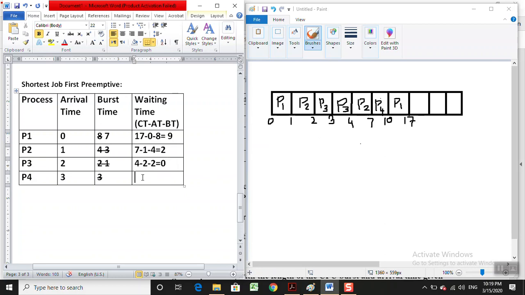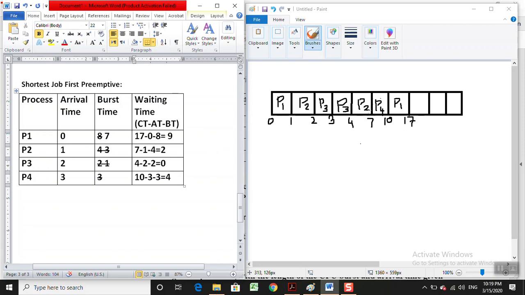Now P4, what is the completion time? It's 10, minus arrival time 3 and burst time 3. So 10 minus 3 is 7, 7 minus 3 is 4 milliseconds. So P4 had to wait for 4 milliseconds.